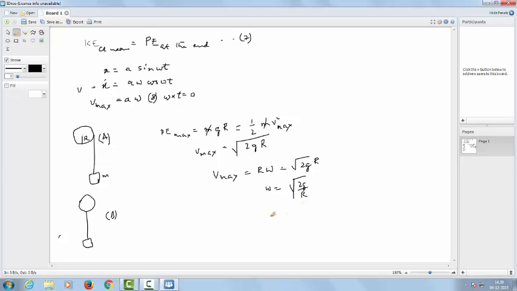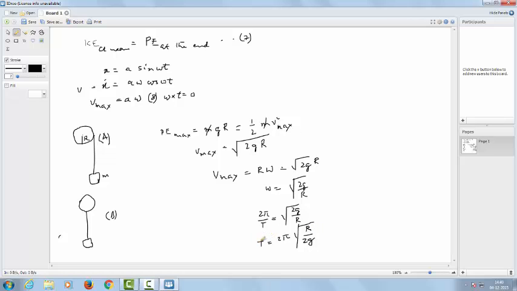From where we can find the time period, because omega is equal to 2 pi by T. So 2 pi by T is equal to square root 2g over r. So T will be 2 pi into square root r divided by 2g.